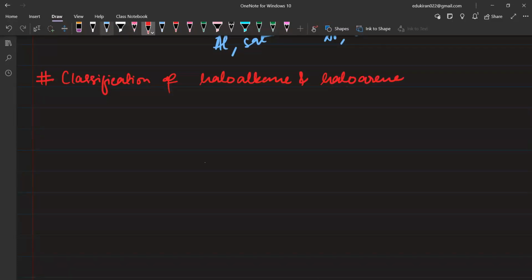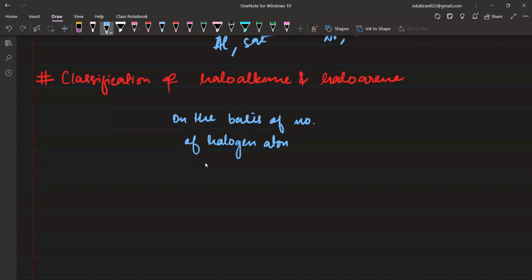What is the basis? The basis of number of halogen atoms.